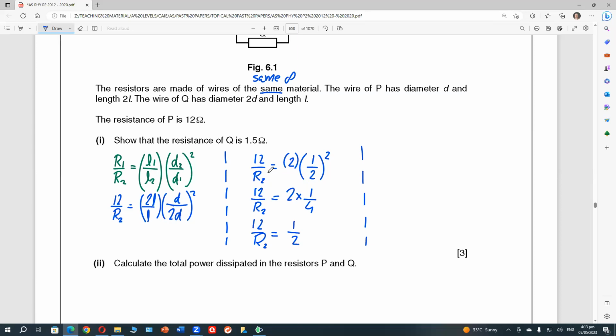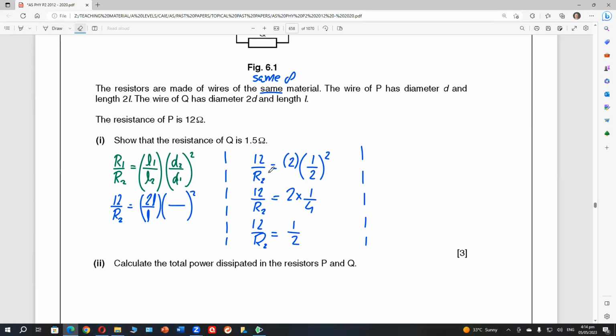Oh, I have put the diameters in the wrong way. Actually, it is D2 upon D1. So D1 is D. So this is the mistake. Let me correct it. That should come D here.